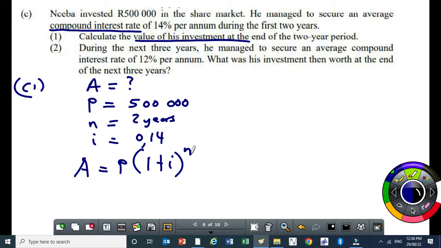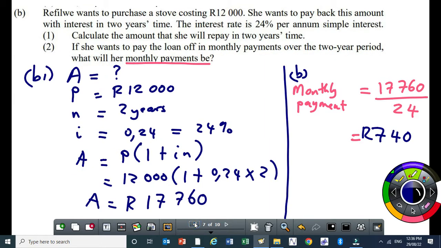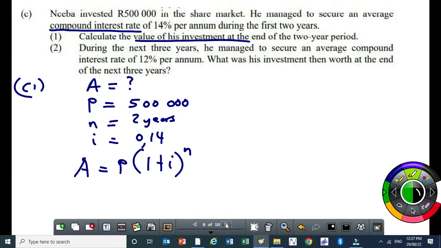If the question talks about simple interest, then you must use the other formula. You can make a mistake of using the wrong formula in a question. That's a very common mistake. So here, because of those two words, compound interest, the correct formula will be that formula.